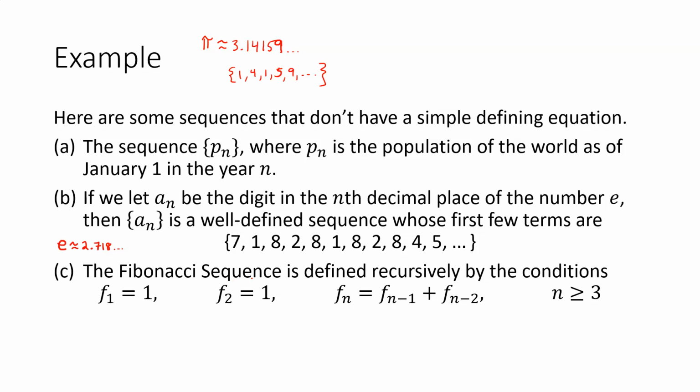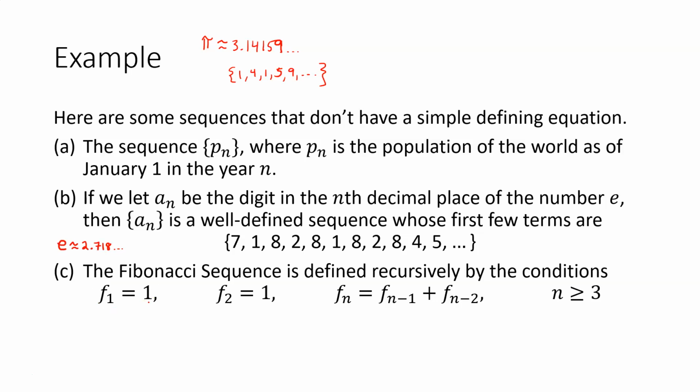They're able to be determined, but maybe there's not a very simple formula that would generate these terms for us. The Fibonacci sequence is a very famous example of a sequence that can be very easily defined, but in a recursive way. So the way we're thinking about a recursive definition, in this case for the Fibonacci sequence, is where we give a value for the first term.